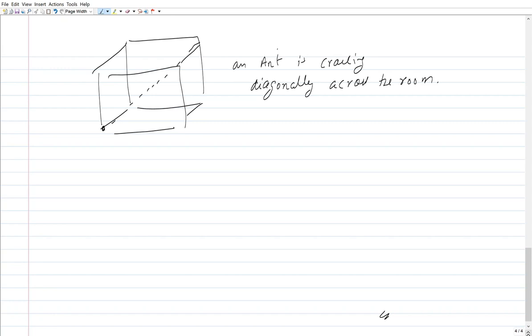Now, its motion can be expressed, if I have a reference frame, in terms of x, y, z. So in a particular reference frame, it has got x, y, and z degrees of freedom.